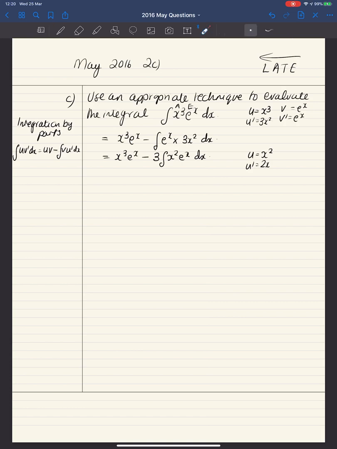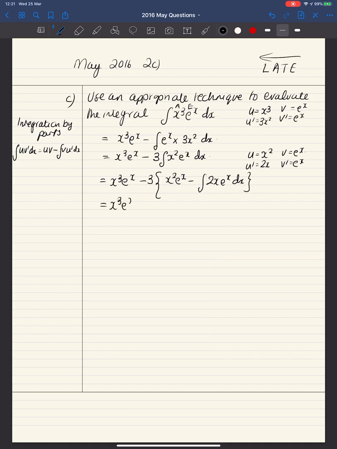So we pick u is x squared, u dashed is 2x, that's that differentiated. v dashed is e to the x, so v is also e to the x. This is x cubed e to the x minus 3, and then we have to do uv minus the integral of v du dx, 2x e to the x dx.